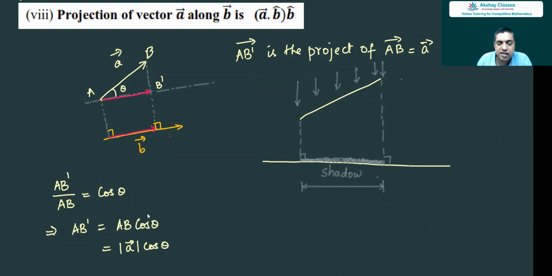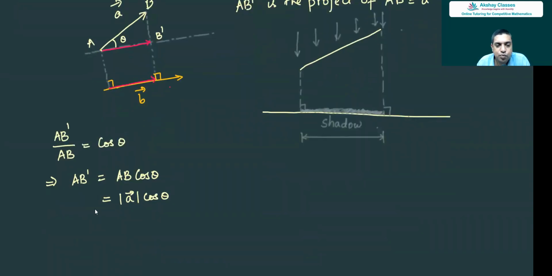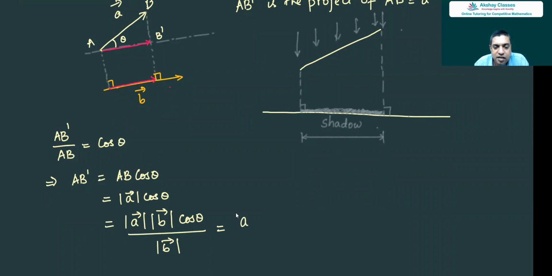Now we know that theta is the angle between the two vectors. So I multiply and divide by modulus of B bar. What is my numerator? Mod A, mod B, cos theta. This is nothing but A dot B upon modulus of B bar.